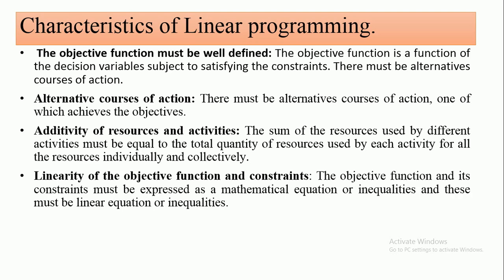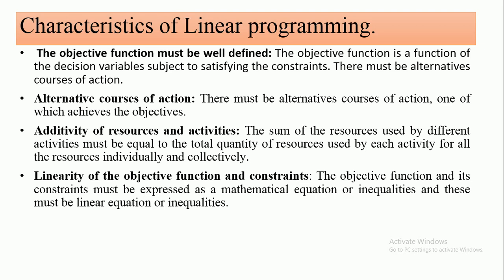So another characteristic of linear programming is linearity. That's why the name linear programming comes in. So there should be linearity in your objective function, there should be linearity in constraints. So what do you mean by linearity? In a mathematical sense, it means that the decision variable involved must be of degree 1, polynomial of degree 1.